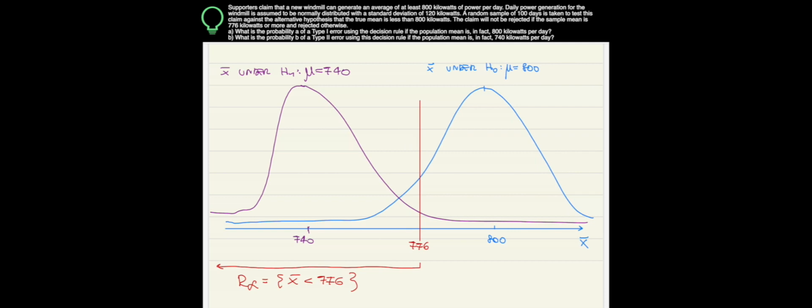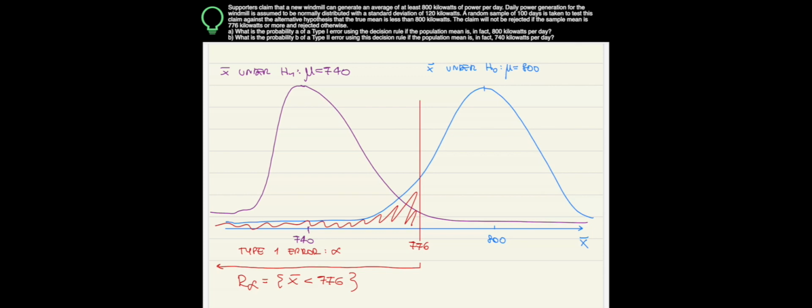Great. So from this plot, it should be easy to see where the type 1 error and the type 2 error are. The probability to be in the critical region under H0, so we commit a mistake, is the type 1 error. So it's the probability of being in this region, the red area, type 1 error, and it's called alpha.